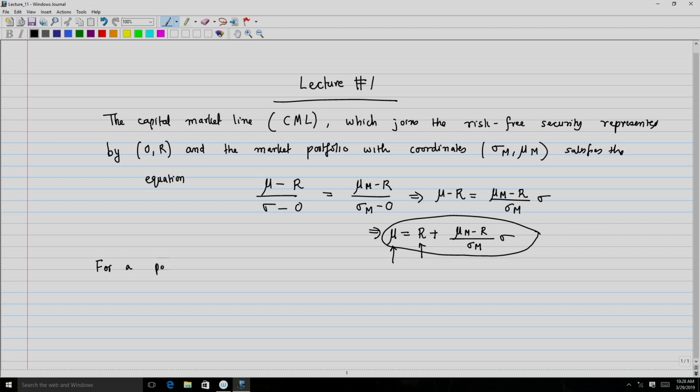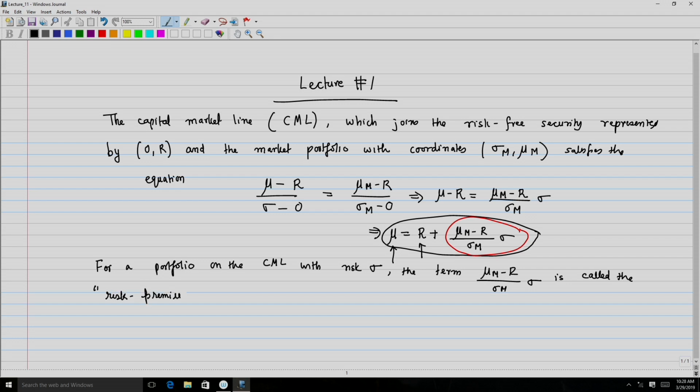So, for a portfolio which lies on the CML and has the risk sigma, of course, with the corresponding return mu, the term (mu m minus r) over sigma m into sigma, that means this particular term here, is called the risk premium.